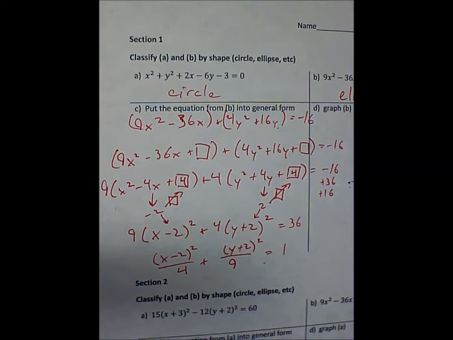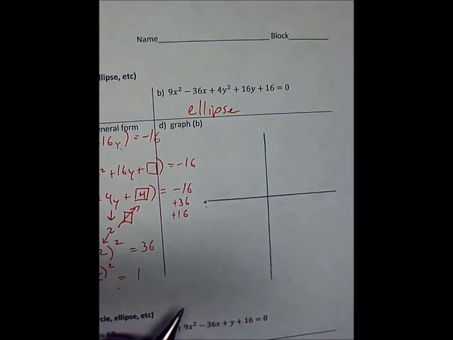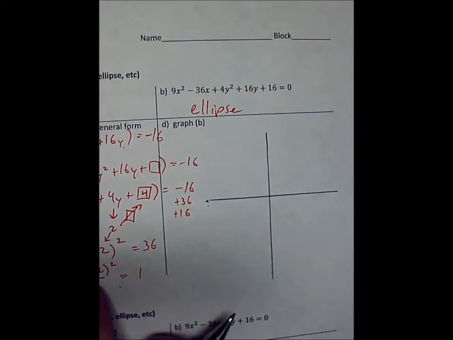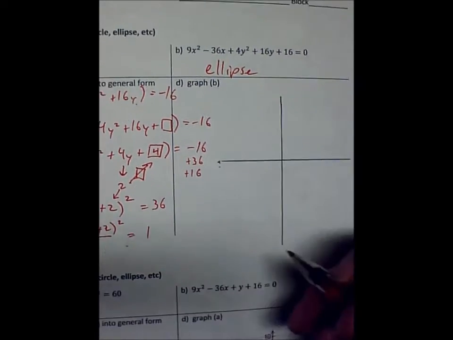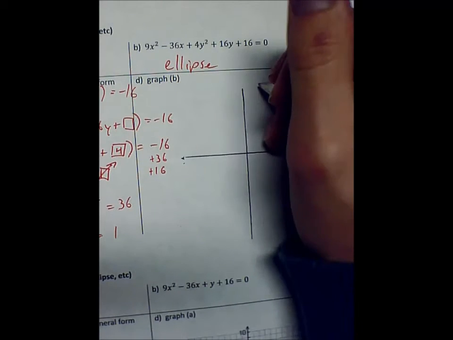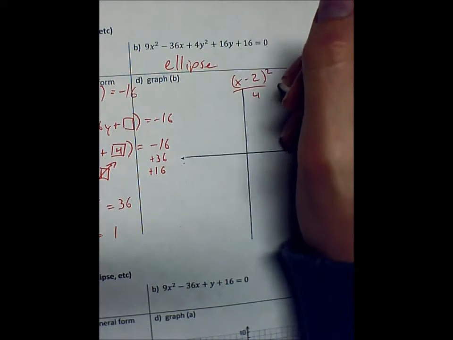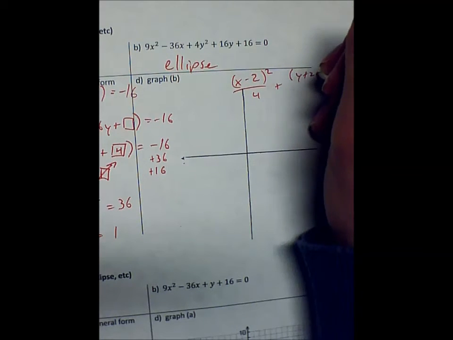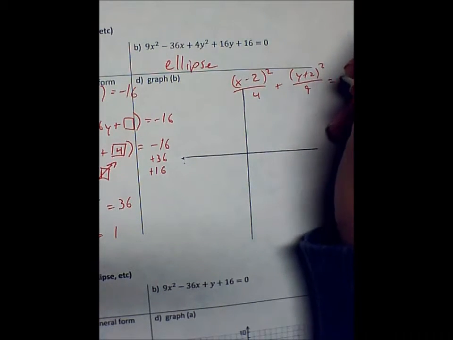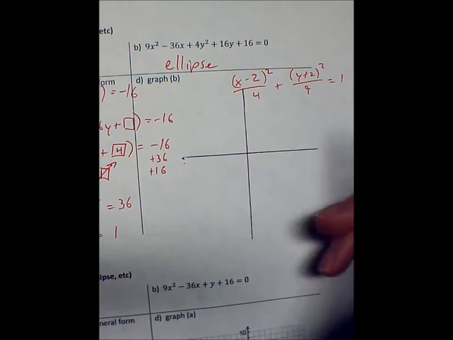Now, I'm going to graph this. So my center is at 2, negative 2. Let me rewrite the equation. X minus 2 squared over 4 plus y plus 2 squared over 9 equals 1. So again, center at 2, negative 2.